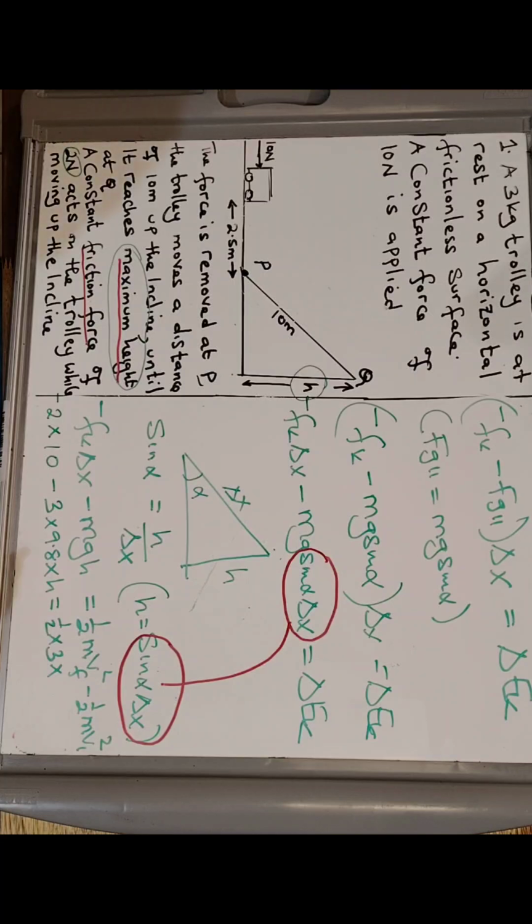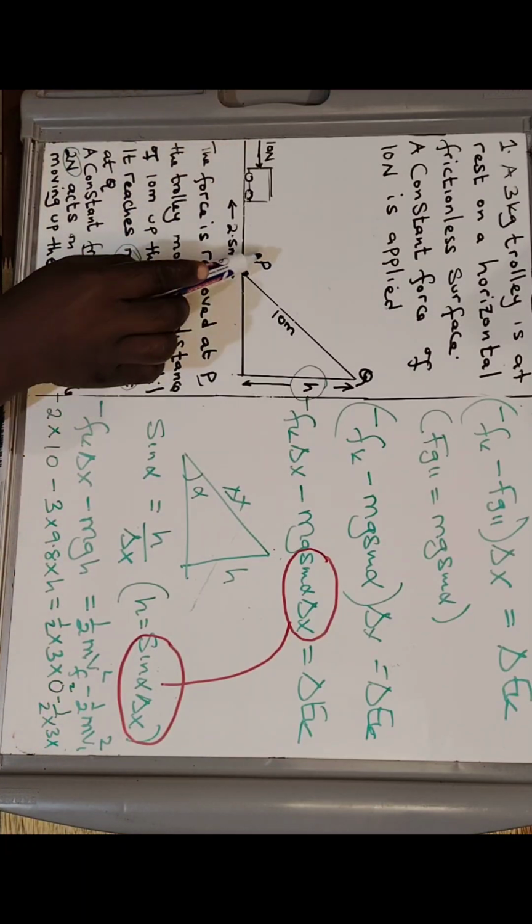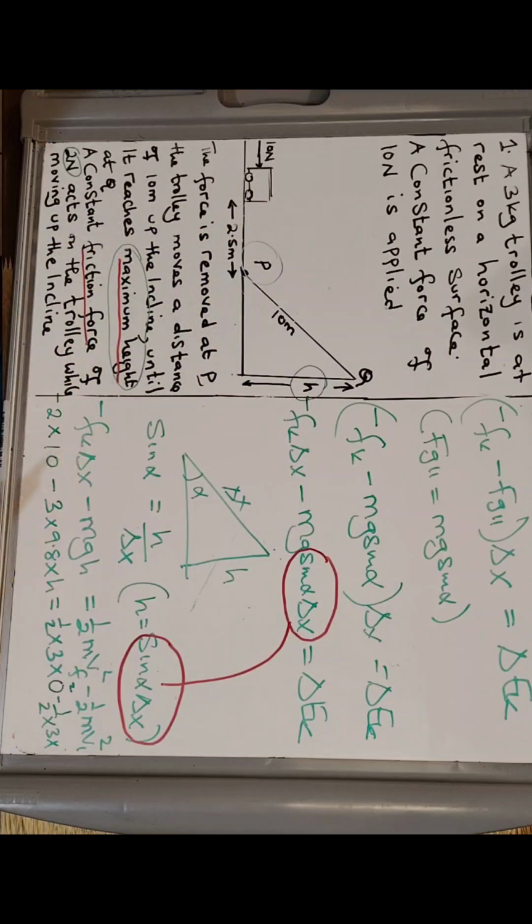So in that case, first of all, our final velocity is going to be 0 squared minus a half times 3 times the velocity at P, which we found to be 4.08 squared.